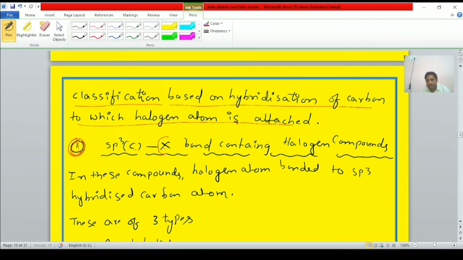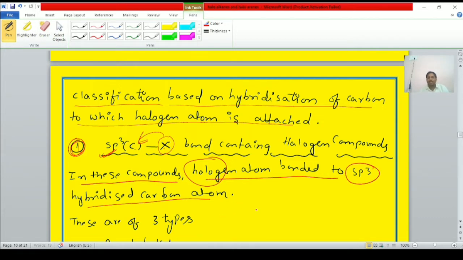The halogen atom is bonded to a carbon atom in the halogen compound, no doubt, but that carbon atom will be an sp3 hybridized carbon. In this type of halogen compound, the halogen atom is bonded to which carbon atom, students? An sp3 hybridized carbon atom.